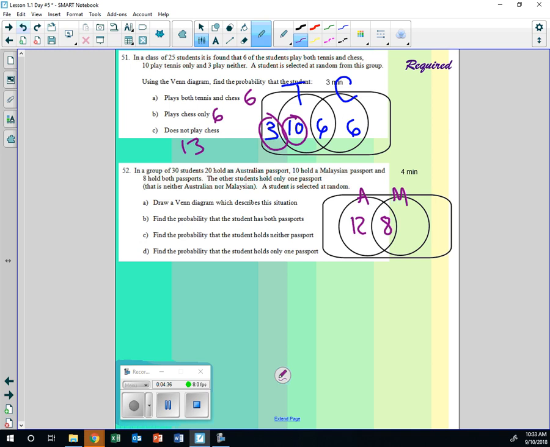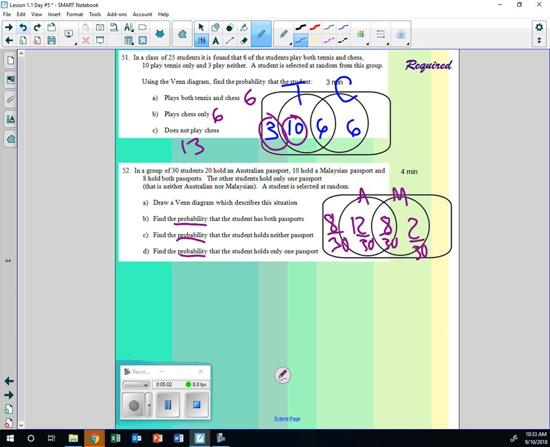Malaysian is 10 total, so this will have to be 2, and then you're looking at 22. In order to get 30, how many are neither? 8. Now notice they're looking for probabilities, so you just take it over the total. Success over total. That's no problem for us.